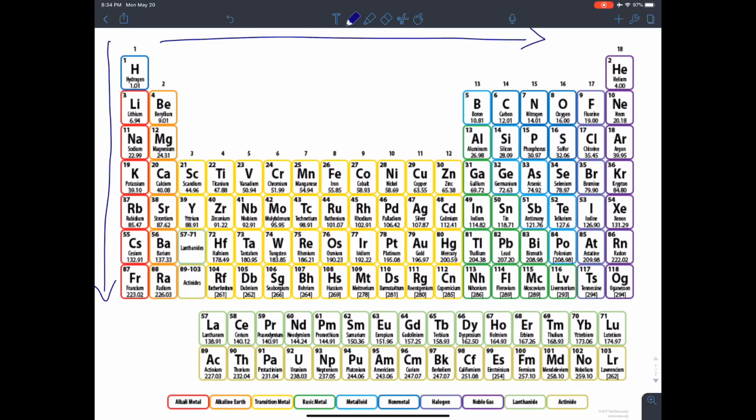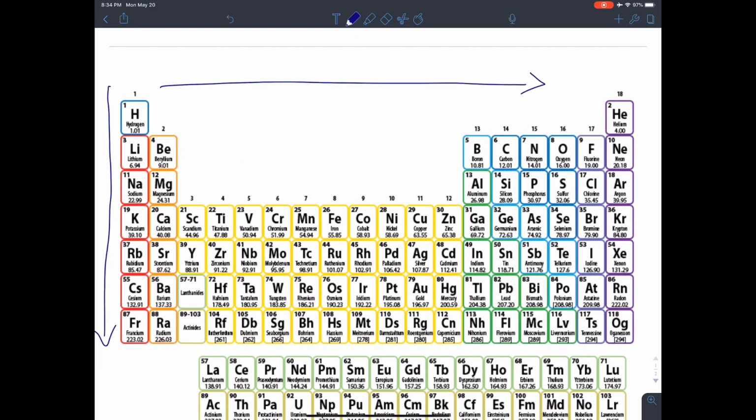So let's talk about what happens when you go across the periodic table from left to right. We're going to stick in one period. Let's say we're in the third period with sodium here. You have atoms with energy levels 1, 2, 3.